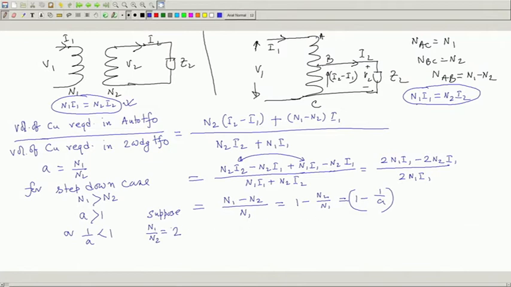Then for A is equal to 2, copper required in auto transformer will be equal to 1 minus half, 1 by A is half, into copper required in 2 winding transformer, is not, that is 0.5 into copper required in 2 winding transformer.